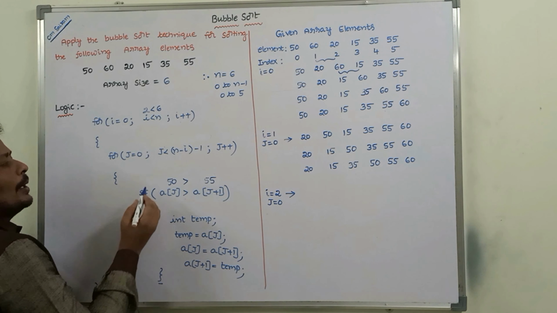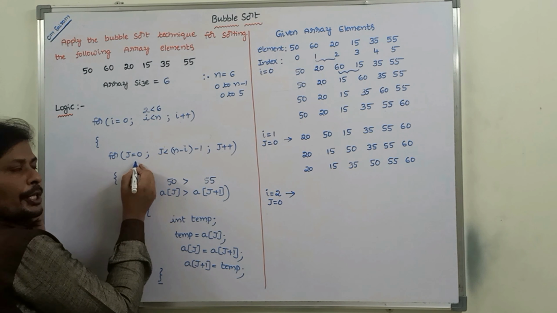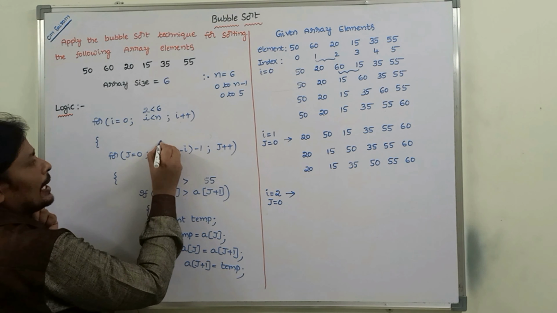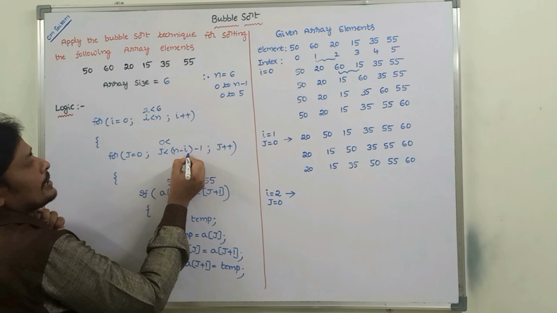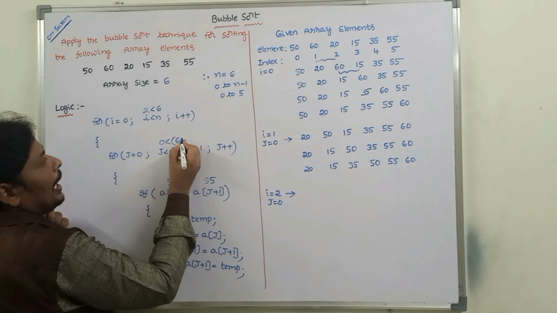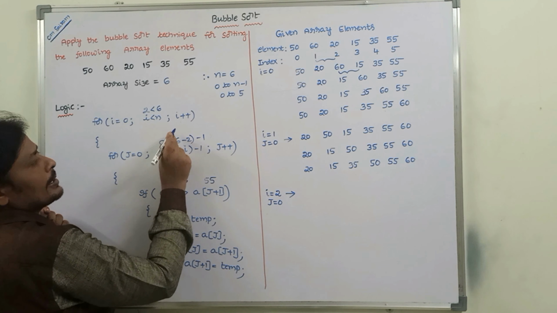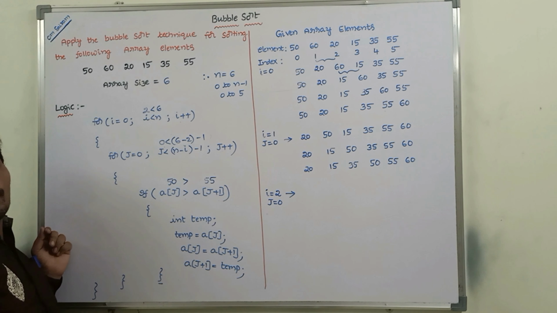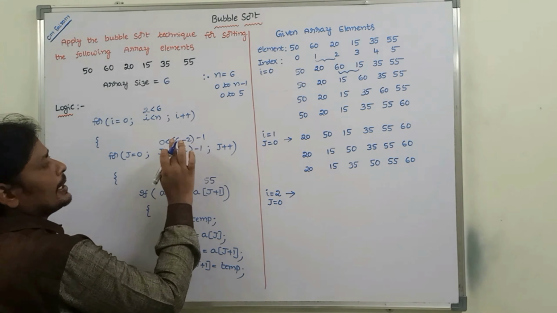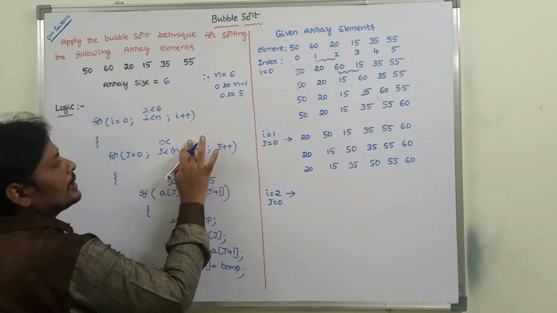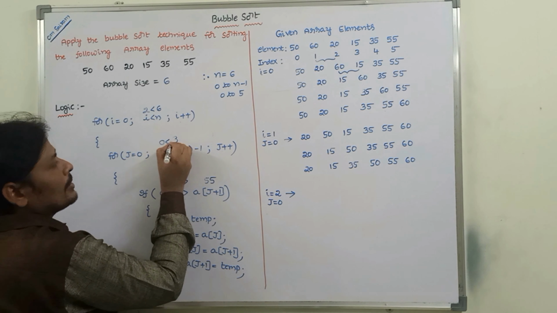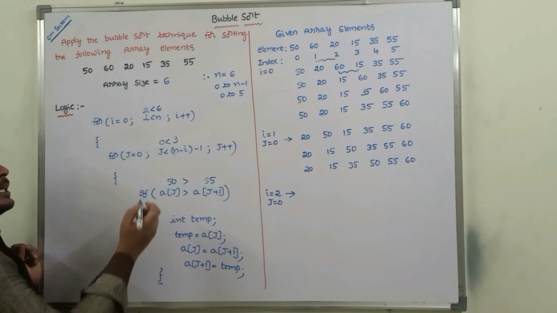So in that for loop, j value 0. So 0 less than n minus I minus 1. N value 6, I value 2. 6 minus 2 is 4, 4 minus 1 is 3. So now this entire value becomes 3.